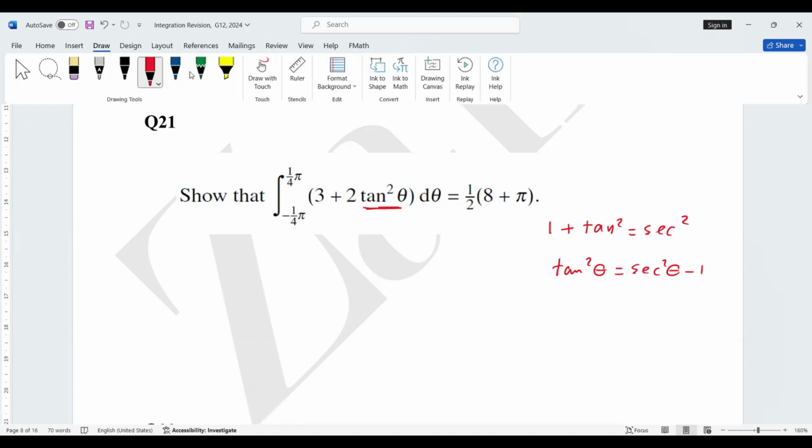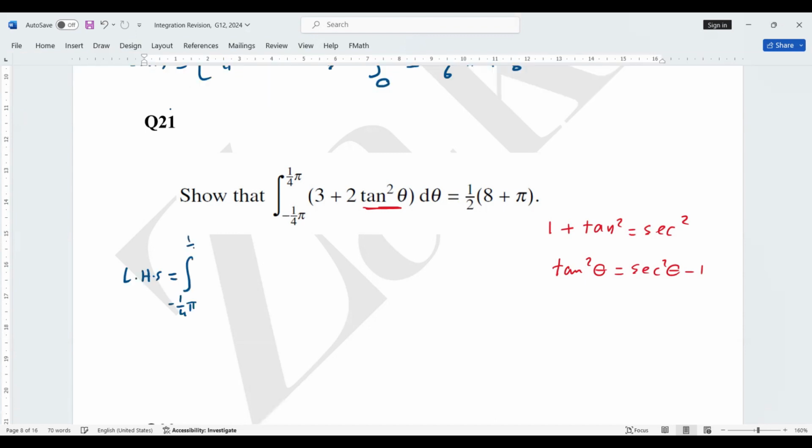We start with the left-hand side. So the left-hand side equals integration from negative quarter pi to positive quarter pi of 3 plus 2, open bracket, replace tan squared by sec squared theta minus 1, d theta. So it is integration from negative quarter pi to quarter pi of 2 times negative 1, negative 2.